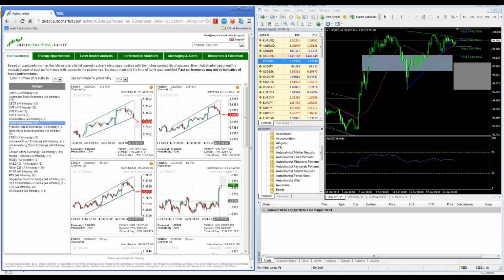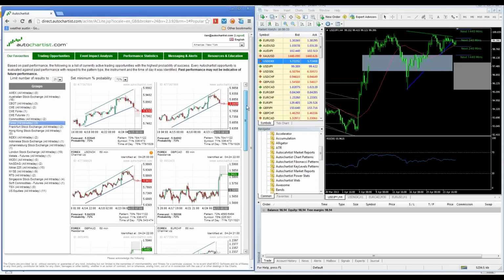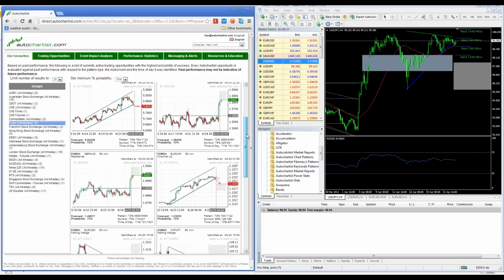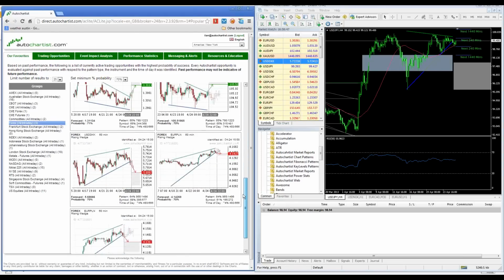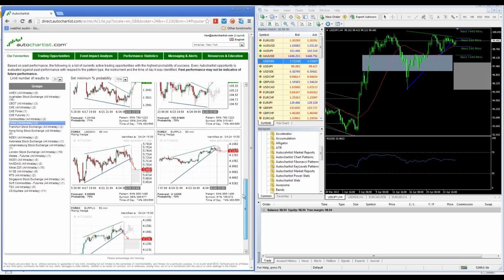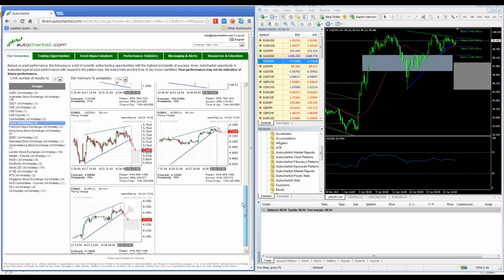But now I can set it to 70%, and these opportunities here are really Autochartist's favorite opportunities right now. So if you're lazy, like me, and you don't want to go through every single trading opportunity on the trading opportunity screen, I just simply go to Our Favorites, and I just look at the 25 that I'm looking at right here. And those are the ones that I potentially trade.